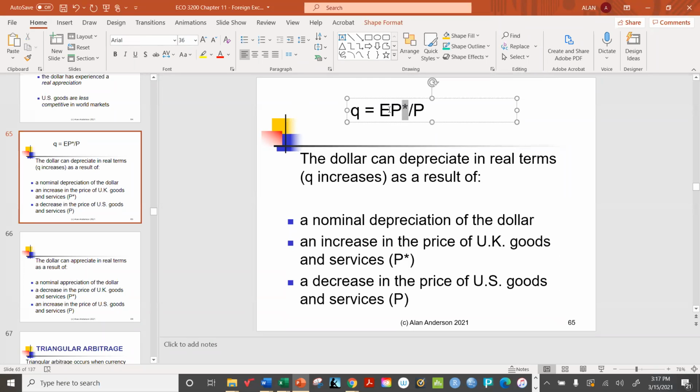In other words, Q will go up. And if our goods become cheaper, that means you have a smaller number in the denominator, which means Q goes up. So you've got three ways in which the dollar can depreciate in real terms, and all three of these result in a stronger trade balance.